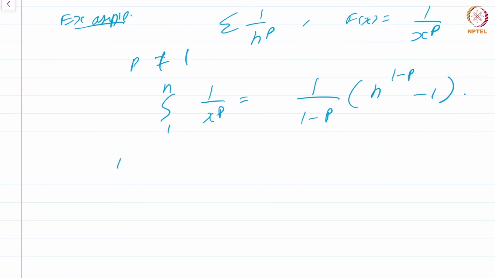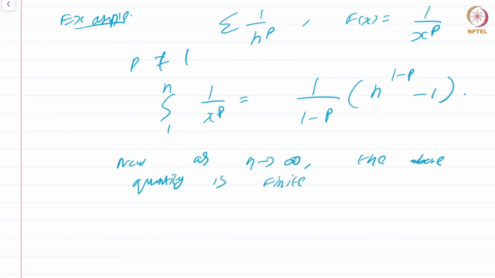Now, as n approaches infinity, the above quantity is finite if p is greater than 1, and infinite if p is less than 1.